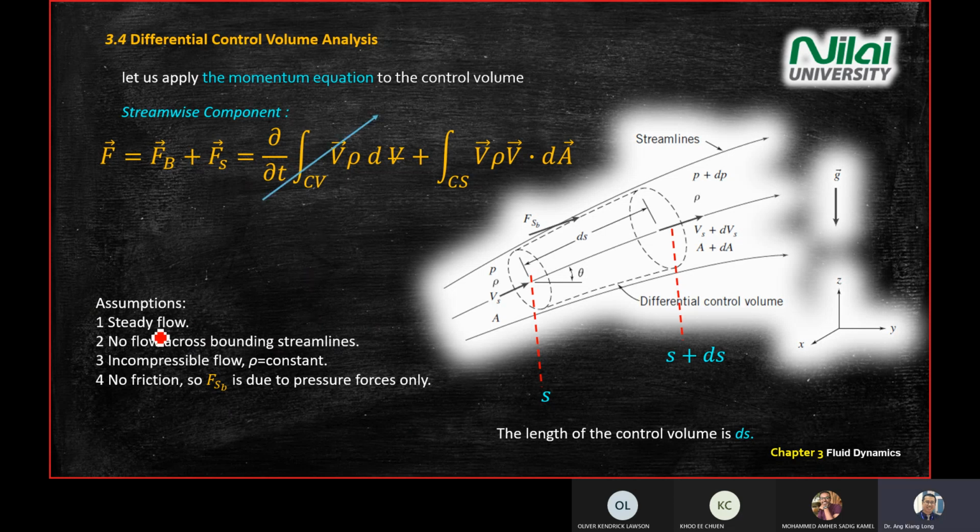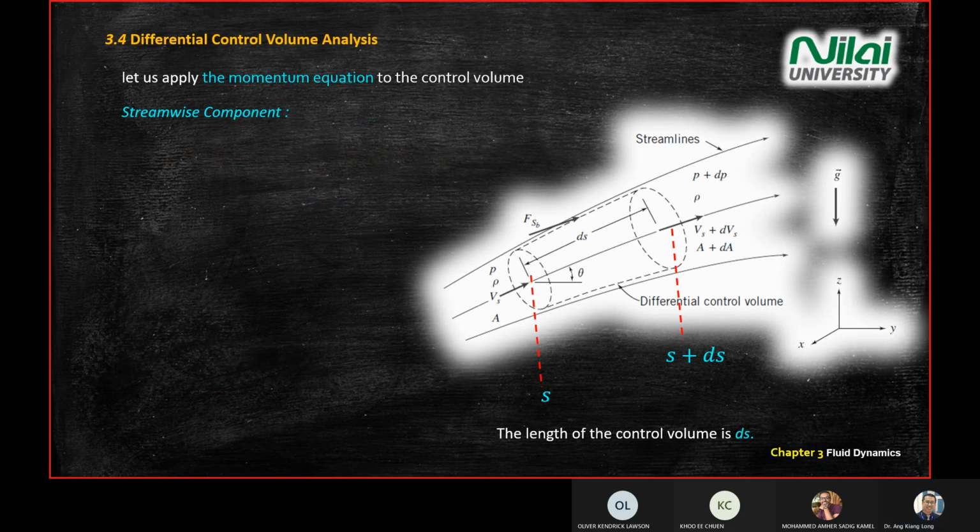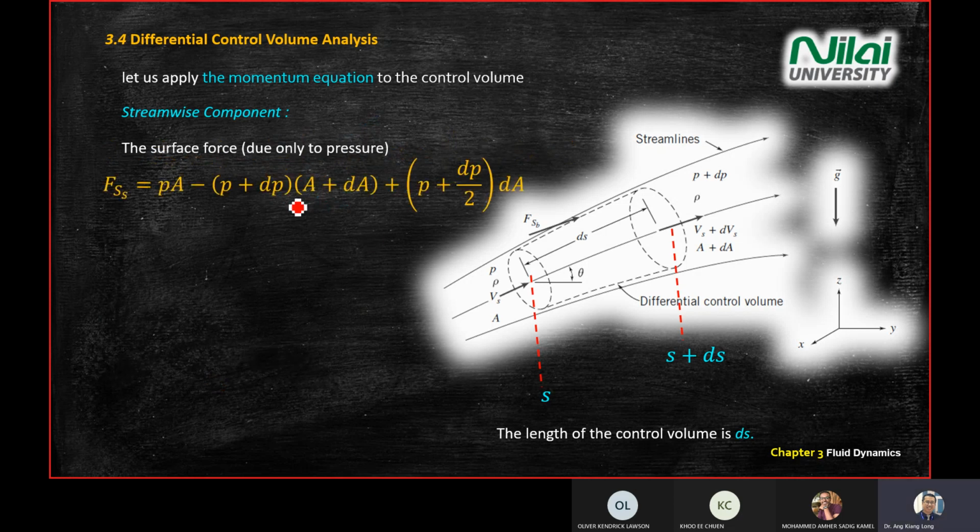Because of steady flow, we cancel the first one. We cancel the control volume term, draw an arrow and write steady equals 0. You get some points for that. Then we look at what happens to the surface force due to pressure only. I give you the whole equation derived from the diagram over here. For the surface force in the S direction, F_S_S means surface force in the S direction only.